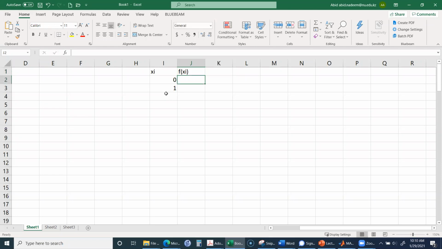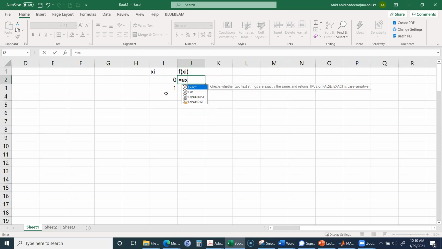So f of xi was equal, because remember that the function was e power minus x minus x. Now, can you see this Excel file on the screen? Yes. Okay, so it is e power minus x, the exponent of minus x, and minus x.